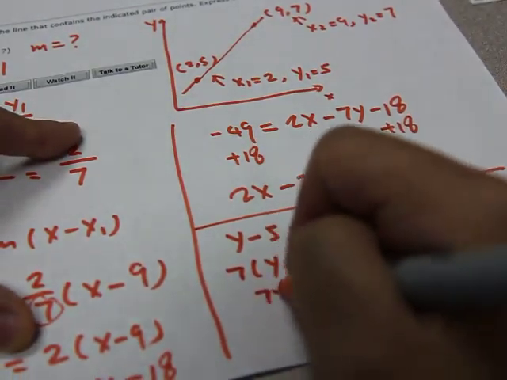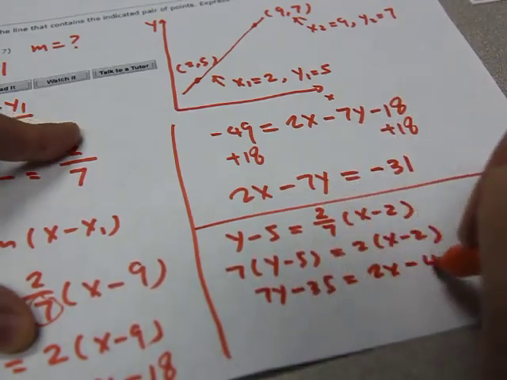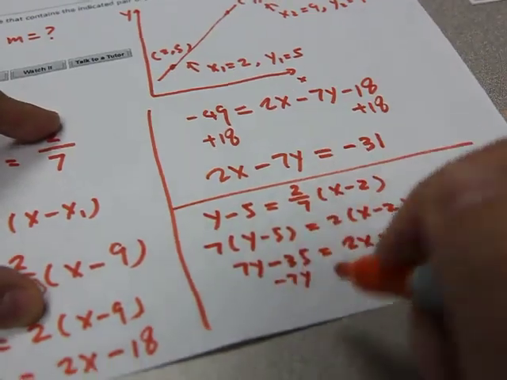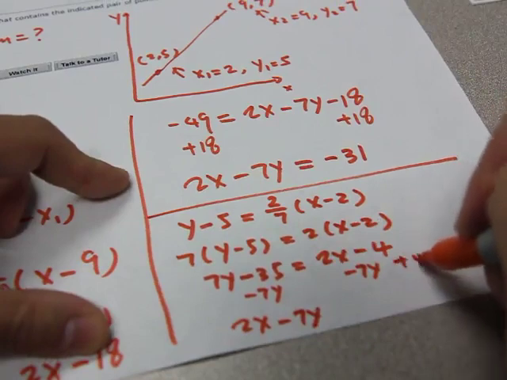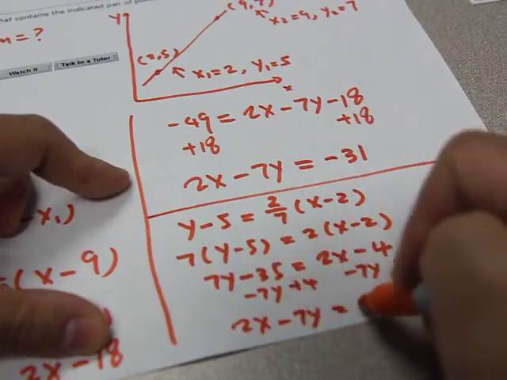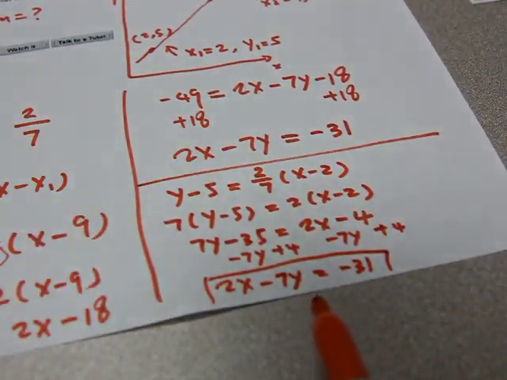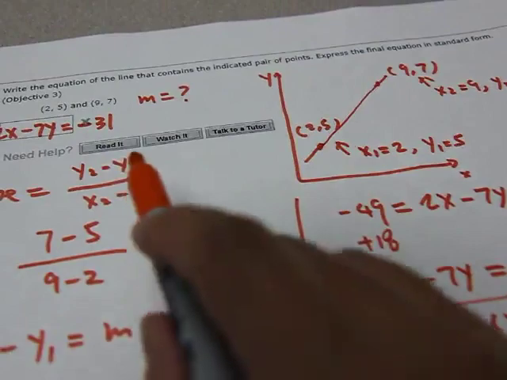So I have 7y minus 35 equals 2x minus 4. And I subtract 7y, I will have 2x minus 7y, and then I add 4. So this is negative 31. So I get the same answer. Okay, 2x minus 7y equals negative 31.